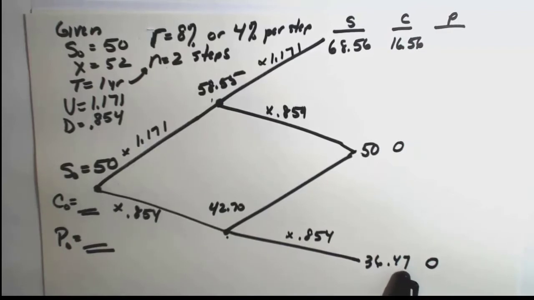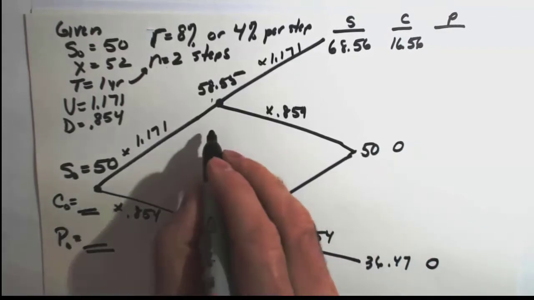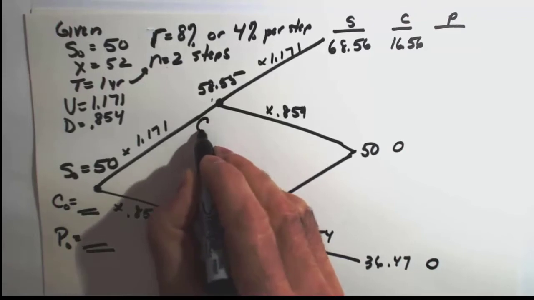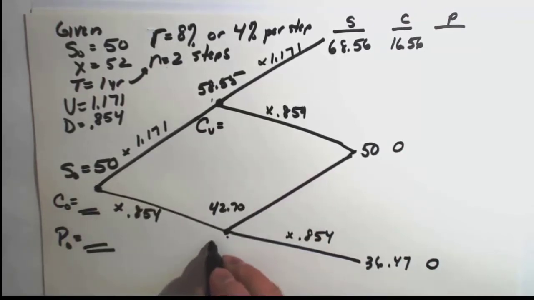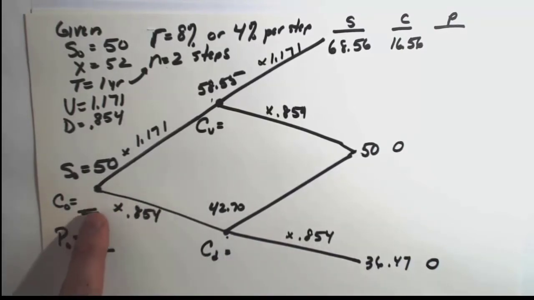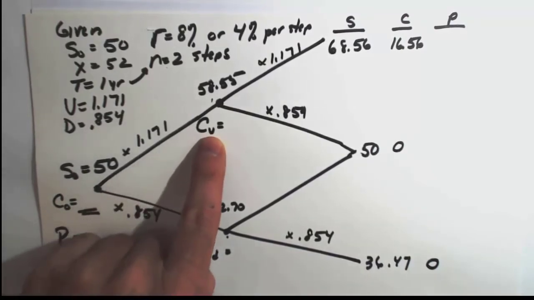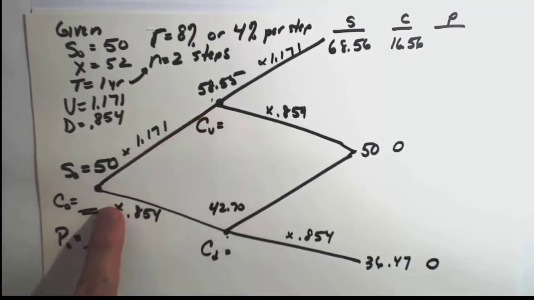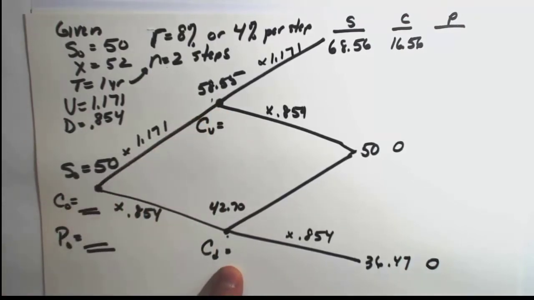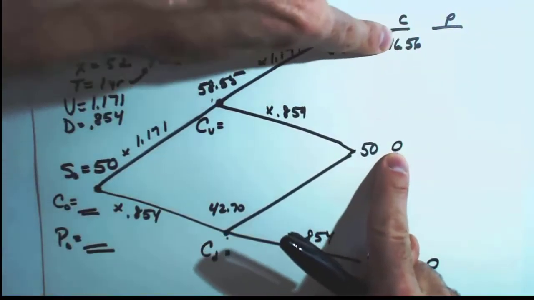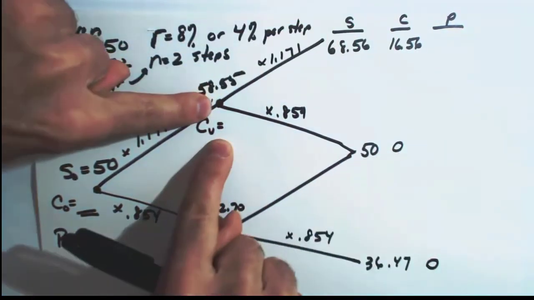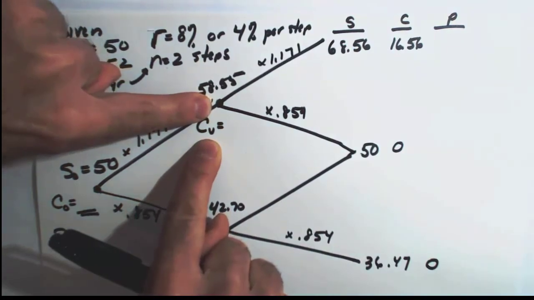Now the next step is, what is the option value here? Call it CU. And what is CD? Where CU means what is the value of the call when it goes up once? And what is the value of the call when it goes down? Using the information from these two prices, we're going to converge down to this CU.